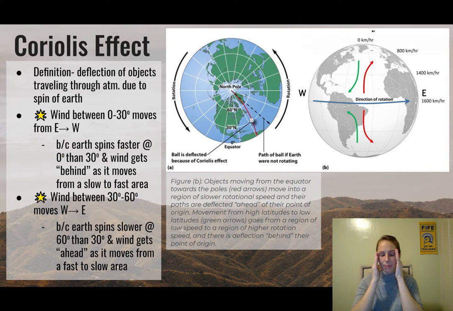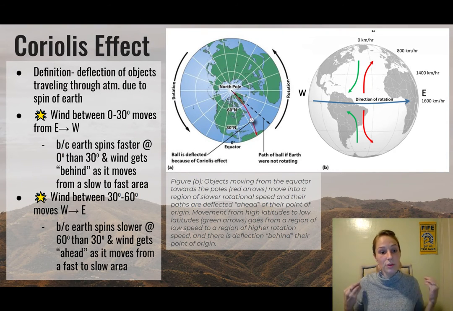Just again, picture you're throwing that baseball. If you're throwing the baseball this way, it's going to go one direction. If you throw it this way, it's going to go the other direction based on the speed and based on your original way that you were looking.